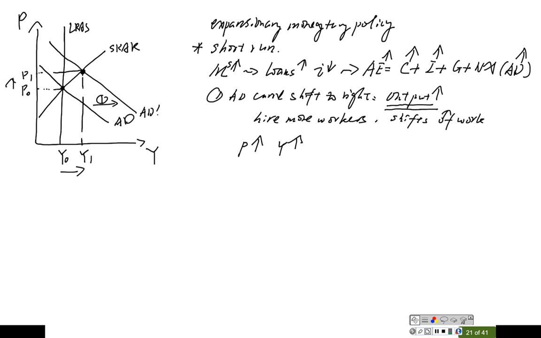But what happens in the long run? Can the economy stay at point B, the short run equilibrium, for a long time? Previously, in order to meet the stronger demand, firms hire more workers or ask workers to work more shifts.